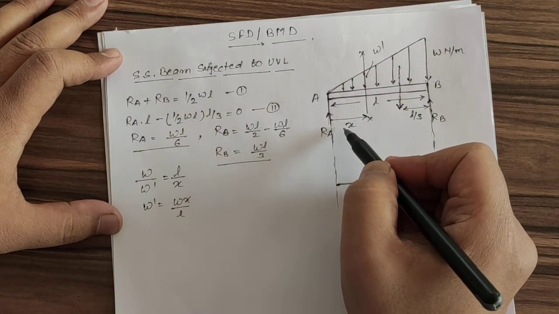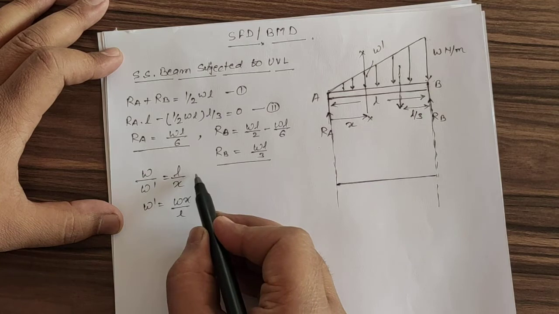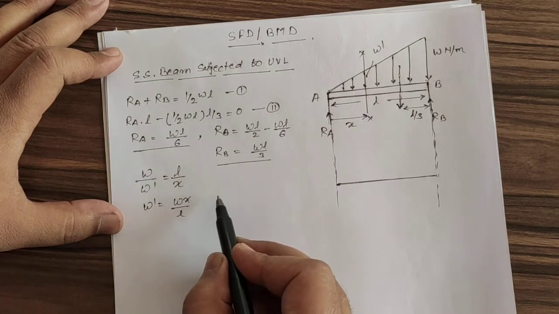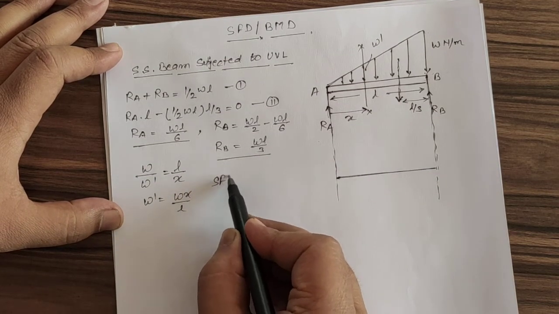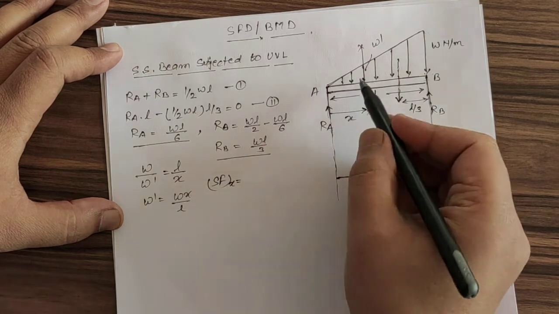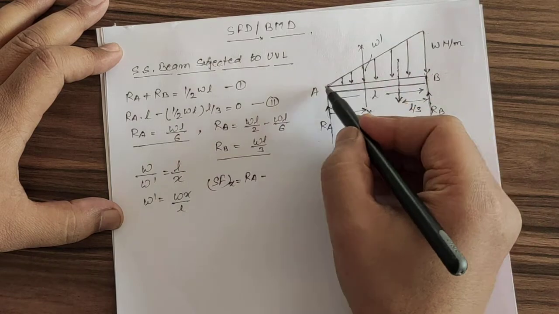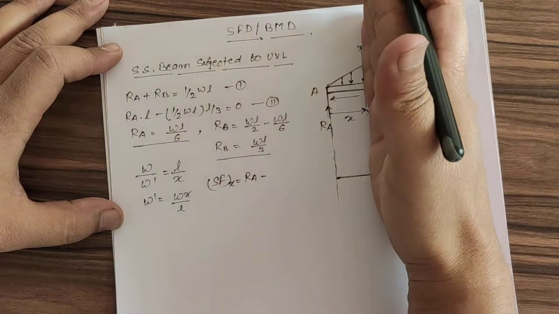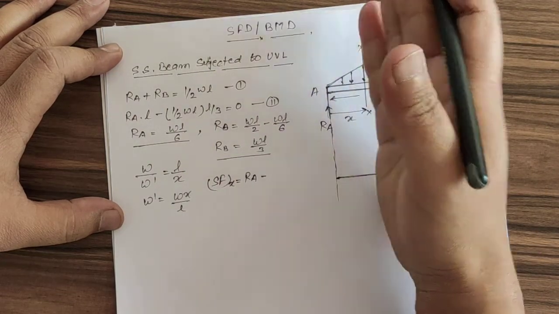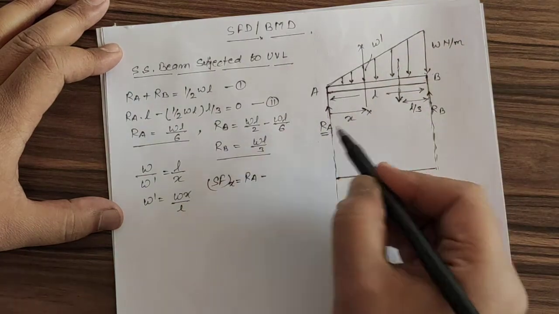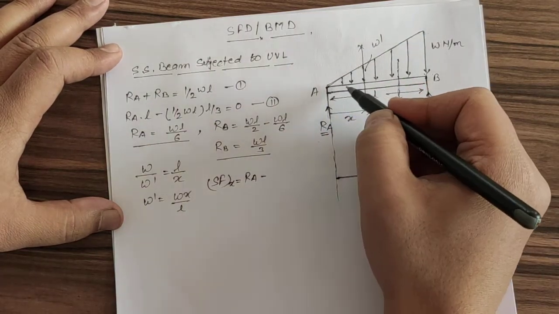Okay. So now we can say that shear force at distance x will be equal to RA minus area of this triangle. We have to take the total vertical force. Okay. Then one vertical force is RA and the second vertical force is the area of this triangle.